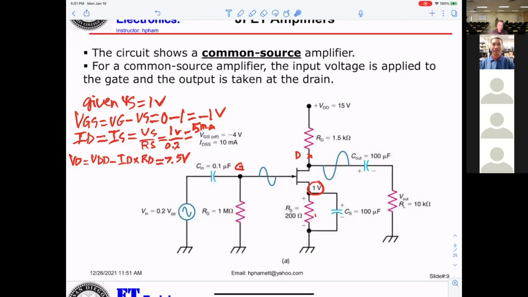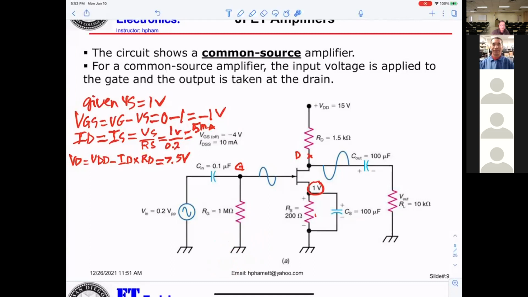Then you must know which one. For example, for this circuitry, when I look at it, I know they're using self bias. Why is it self bias? Because there's no battery at the gate. Exactly, so there's no negative voltage applied to the N channel right here. That is the self bias.